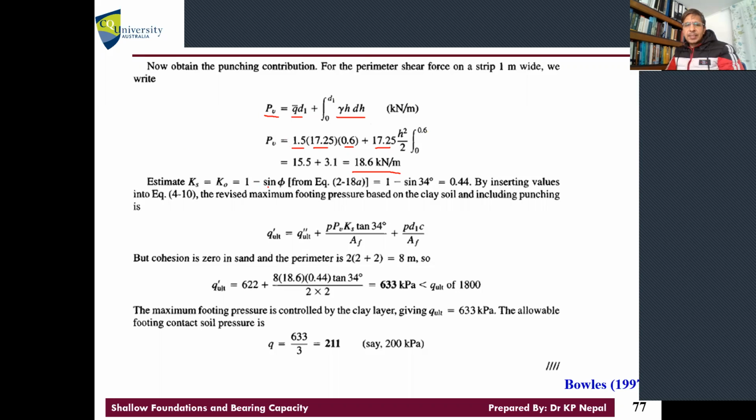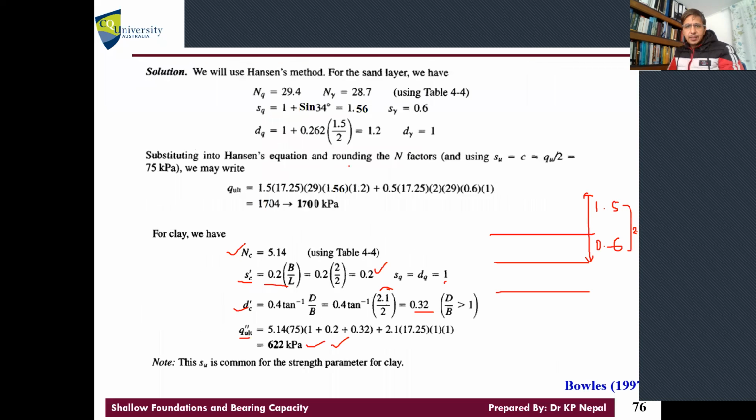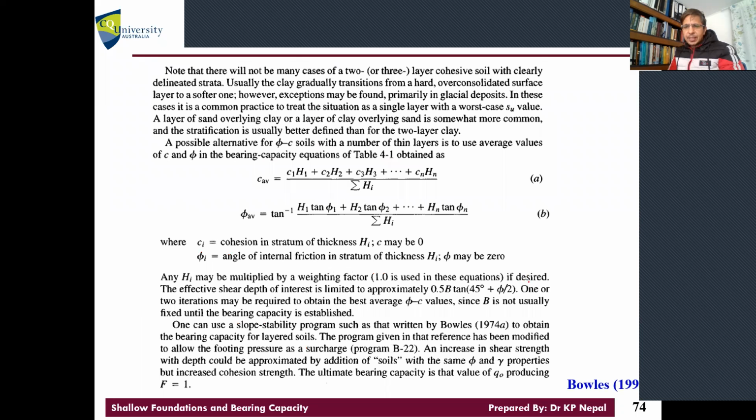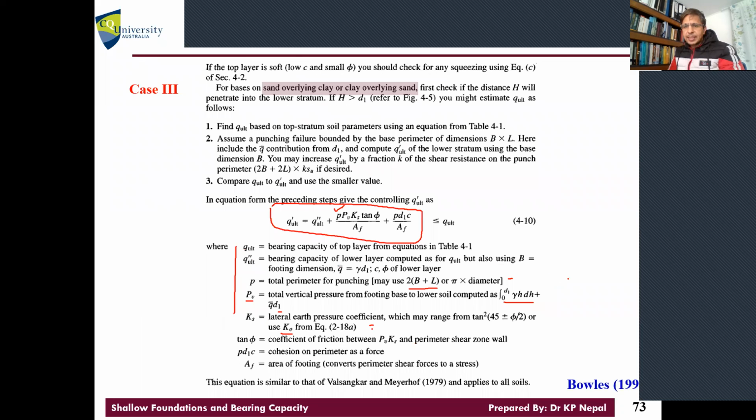And now we calculate K naught using 1 minus sin phi. What else do we need? Can I check the equation now? So what we calculated is P. What is P? So 2 times, what is the width of the foundation? 2, right? What is the length of the foundation? 2, right? It's a square footing. So the total is what? 8, right? So 8, and the PV value we have just computed, right? The Ks value depends on K naught.